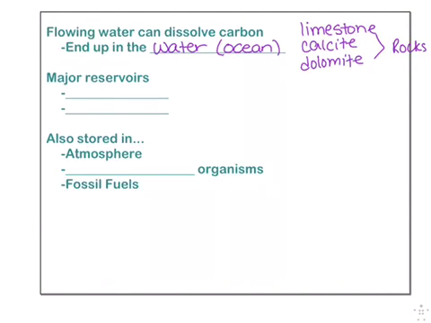And so the other place where we find calcite is in seashells of ocean or marine organisms. So when, let's say, a clam dies, that shell will slowly get dissolved away if it doesn't wash up on shore.